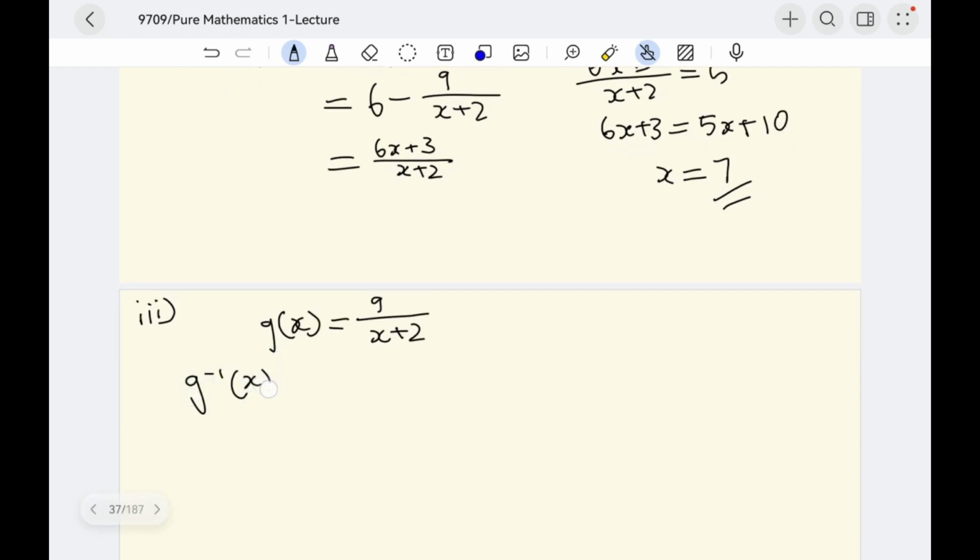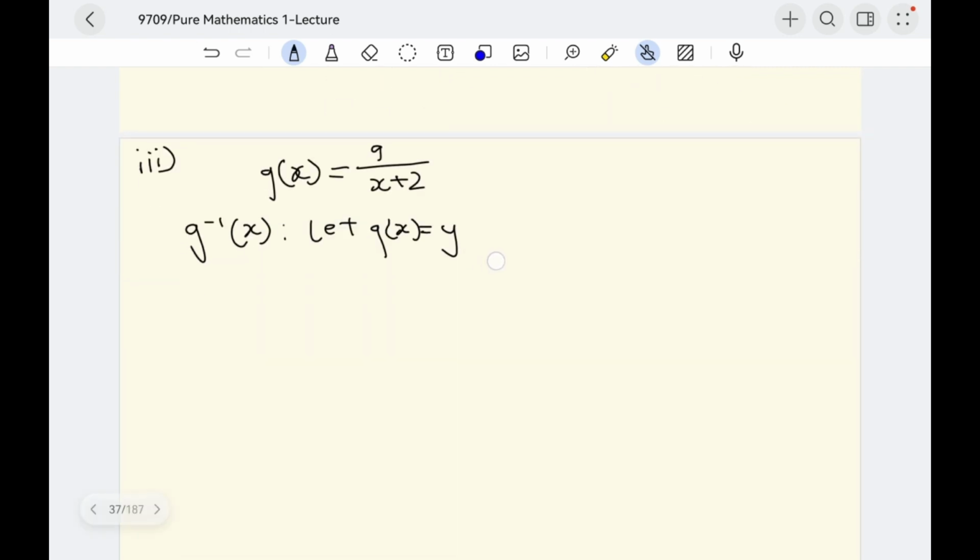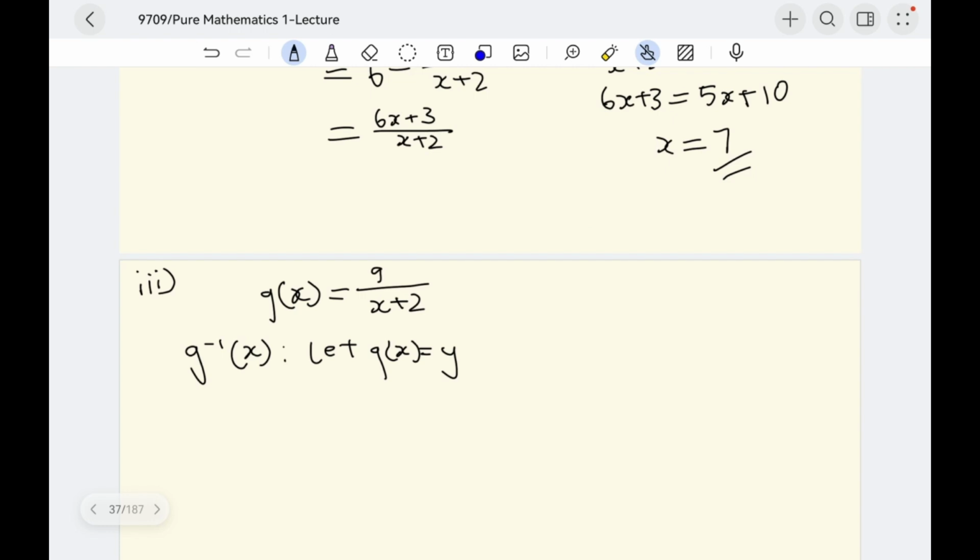To find the inverse, you need to let g(x) equal y. You can also let g(x) equal any constant as long as this method is valid and works. For my suggested method, you may substitute g(x) by y first.